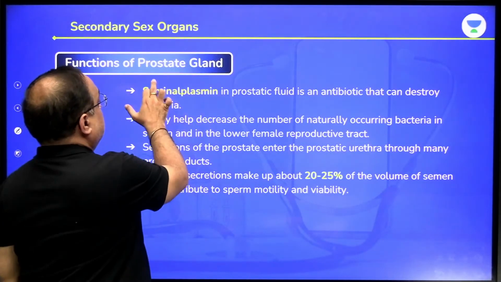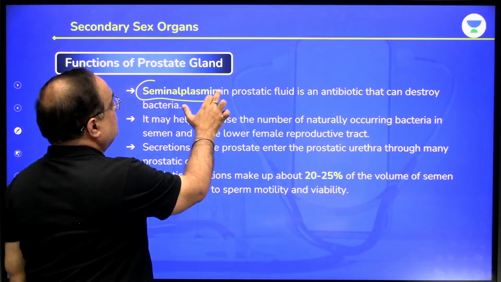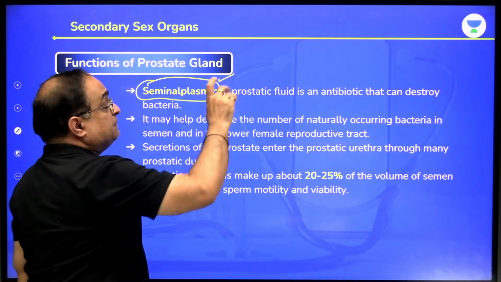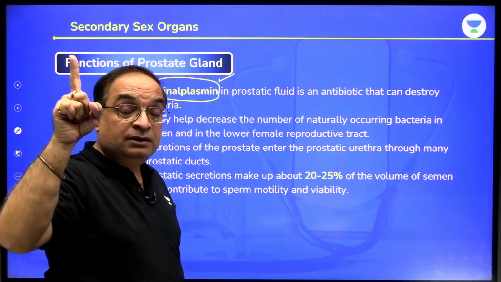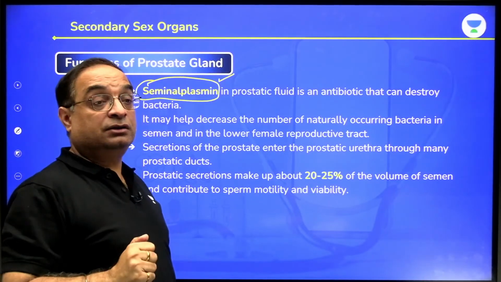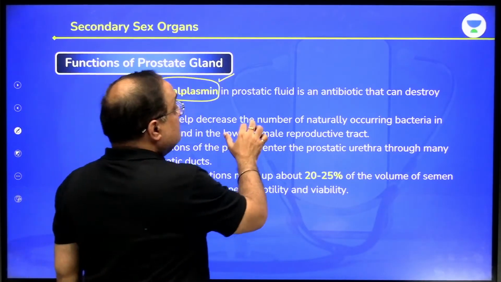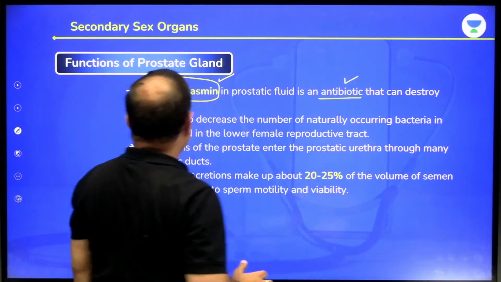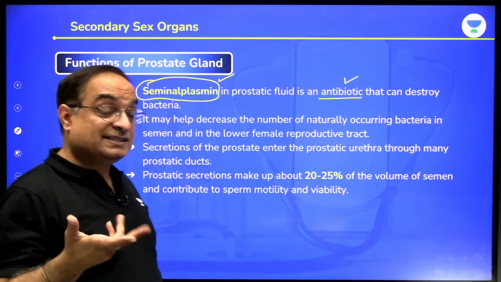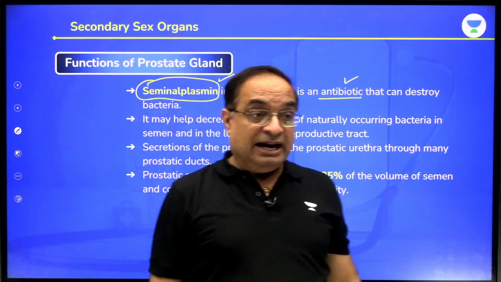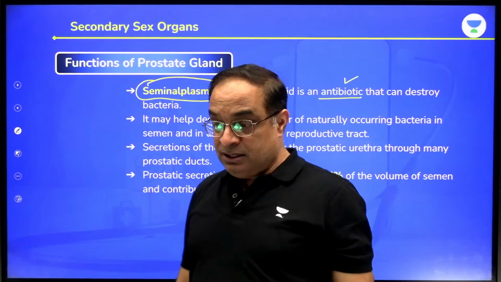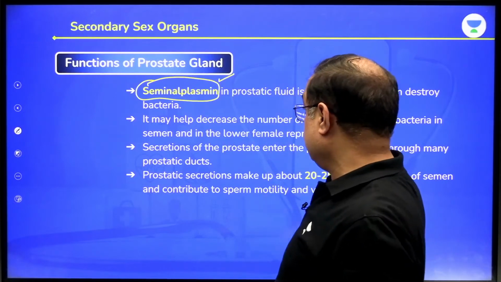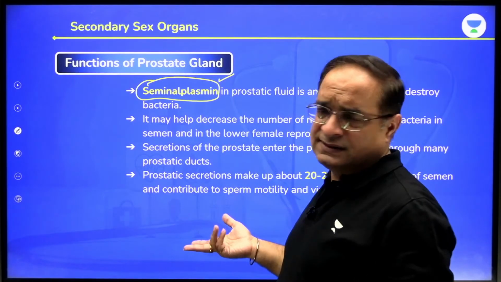एक और important बात, very few of you must be knowing, seminal plasmin. Seminal plasmin is an antibiotic which is present in the semen. So, a natural antibiotic in the semen which destroys the bacteria. The body itself is producing, right? Prostate gland is producing this seminal plasmin. काम क्या है इसका?